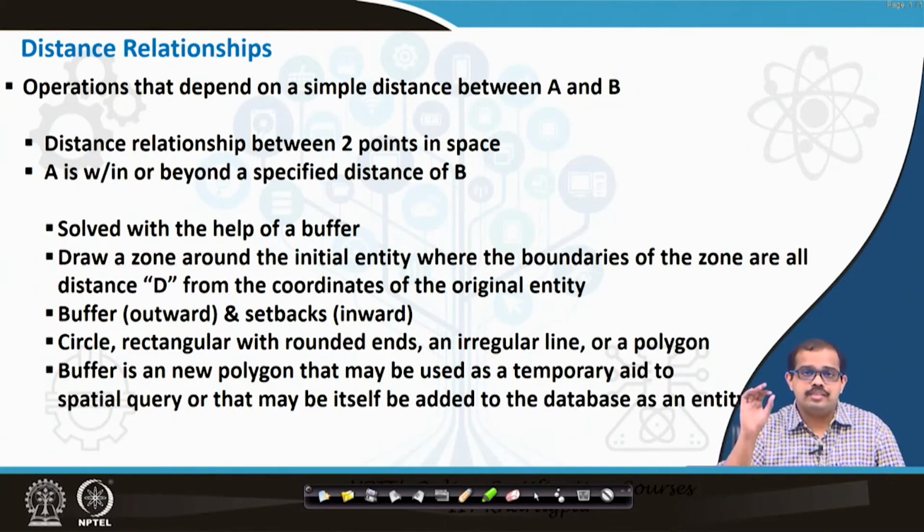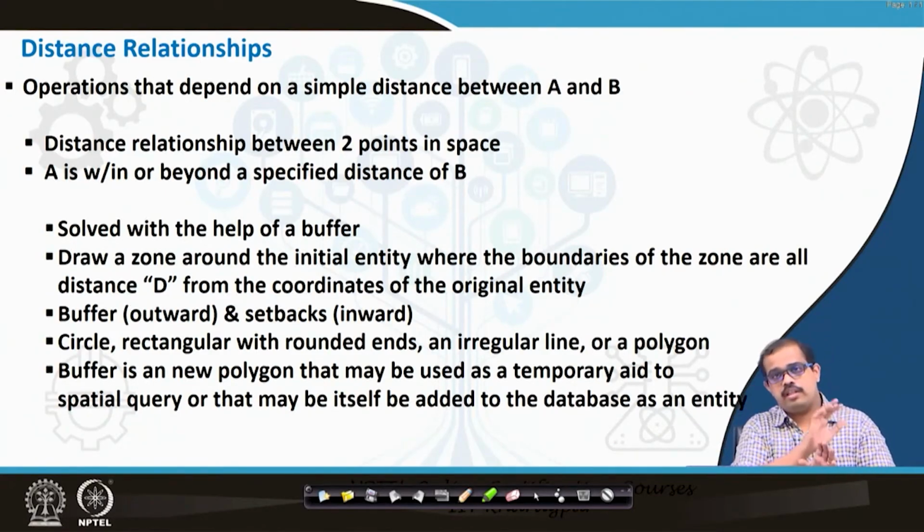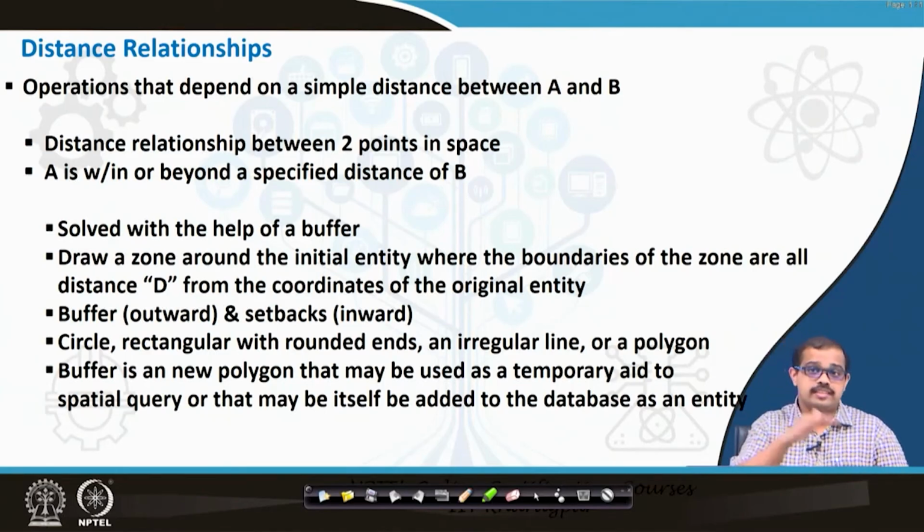Okay. The best way to do this is by using the help of a buffer. Okay. So how do you do this? Basically, first I will draw a zone around the initial entity where the boundaries of the zone are all at distance d from the coordinates of the original entity. Okay. Now there are buffers both outside and inside.